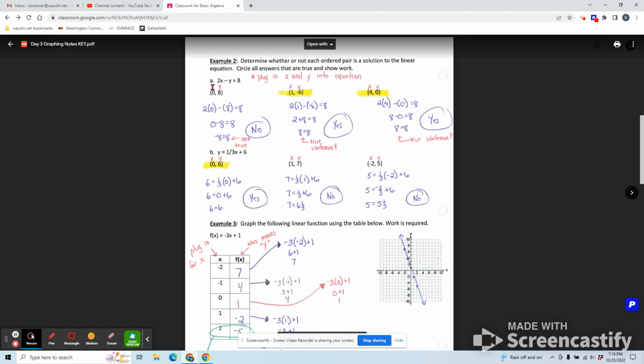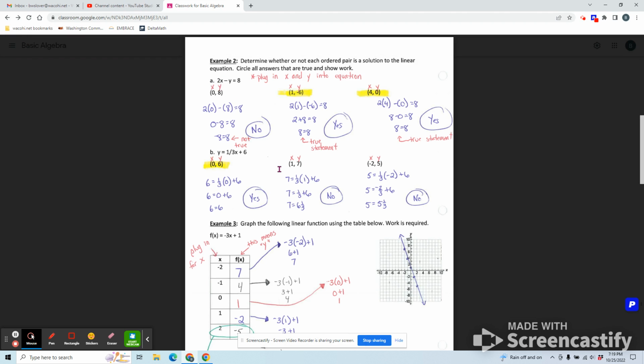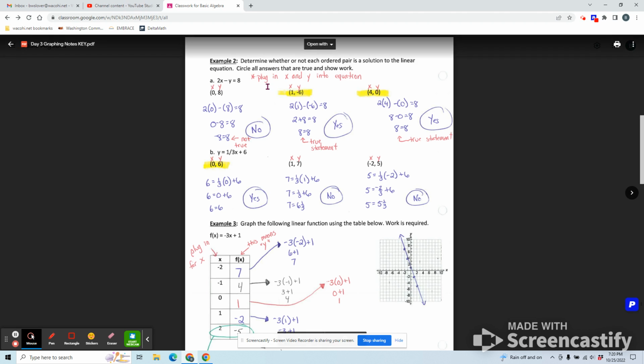Example 2, there are 2 different ones here, A and B. We're just going to talk about A. Letter B is very similar. It says determine whether or not each ordered pair is a solution to the linear equation. Circle all answers that are true and show your work. So I told you right here that first you've got to plug in x and y into your equation. Well, you may be thinking, where did the x and y come from?